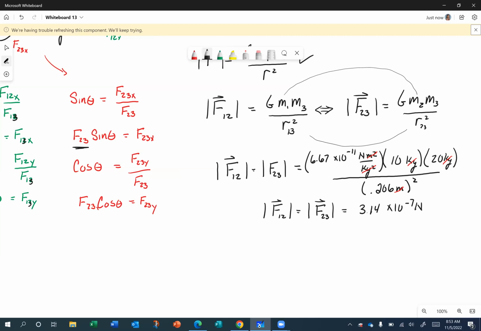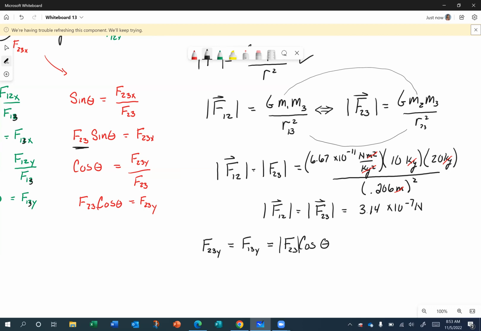That means force 2,3,y equals force 1,3,y, magnitude, right, in the same direction, equals F2,3 cosine theta.